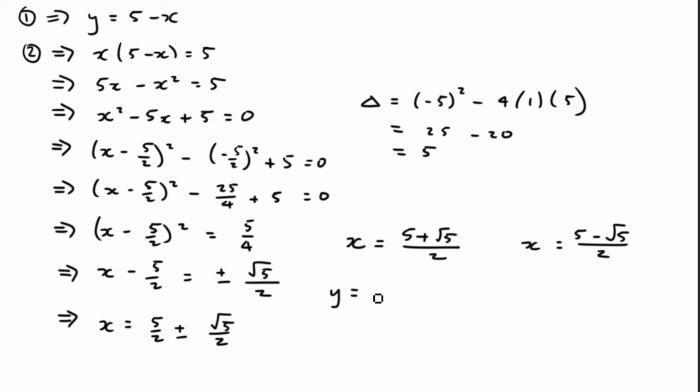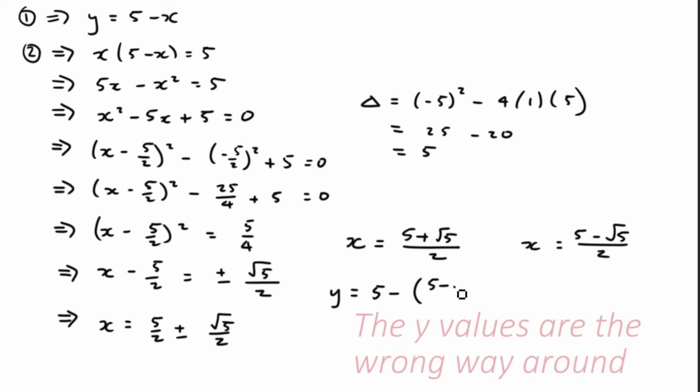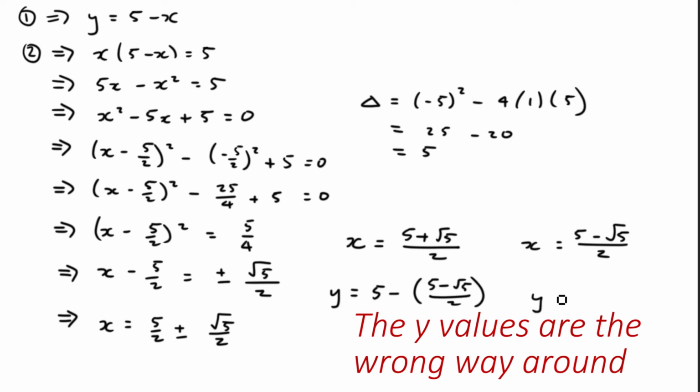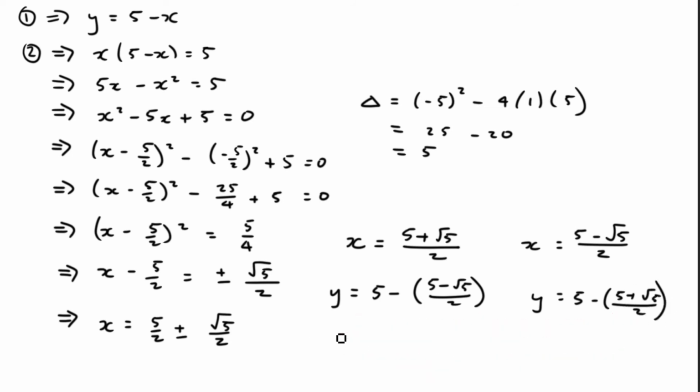In this case, we'll have 5 subtract 5 plus root 5 over 2, and 5 subtract 5 minus root 5 over 2. The first of these gives us 5 subtract root 5 over 2, while the second gives us 5 plus root 5 over 2.